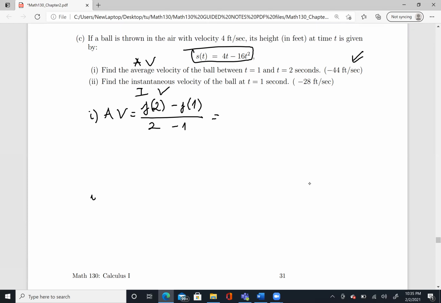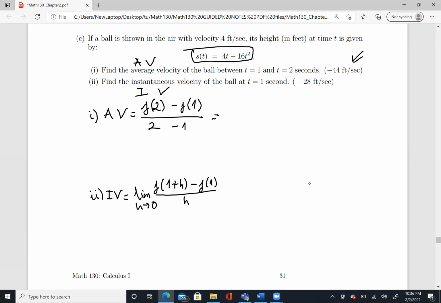And then the second one is IV, which is going to be the limit of f of, where t equals 1, right? So I say f of 1 plus h minus f of 1 divided by h, for h going to 0.